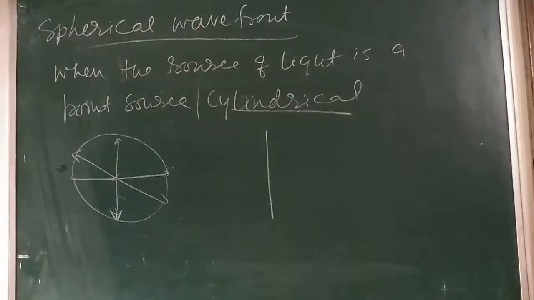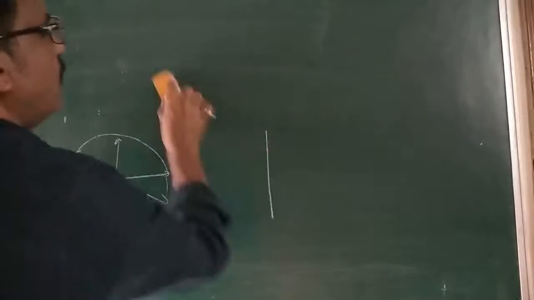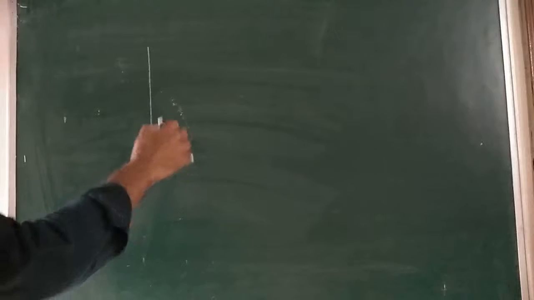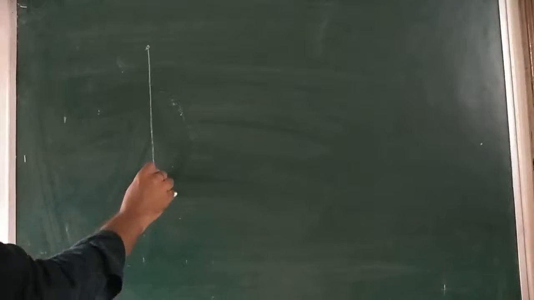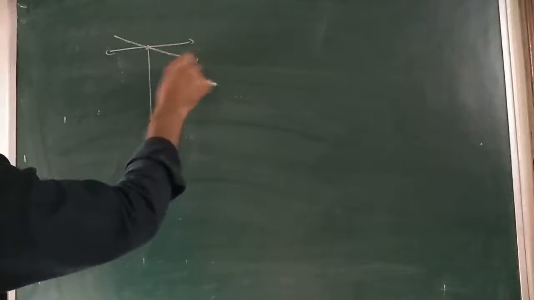Then light emits in all directions from this linear source. Let us draw the figure. Here is a linear source. From every point, from here or here or here, light will spread in this manner.